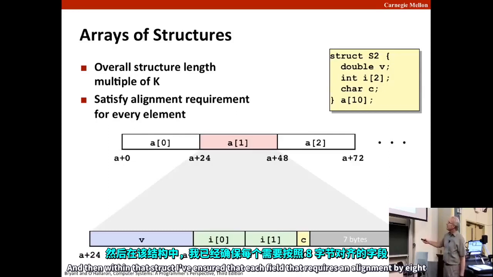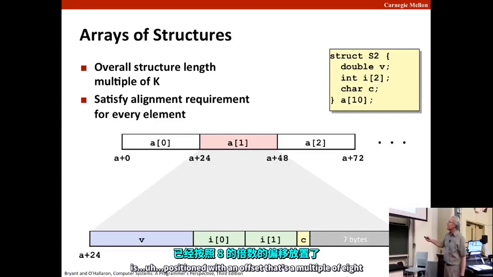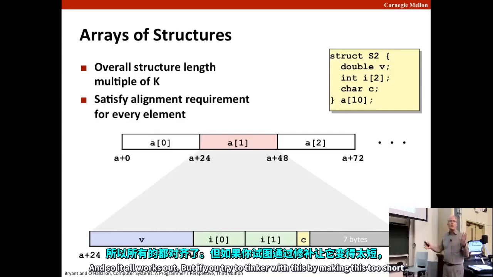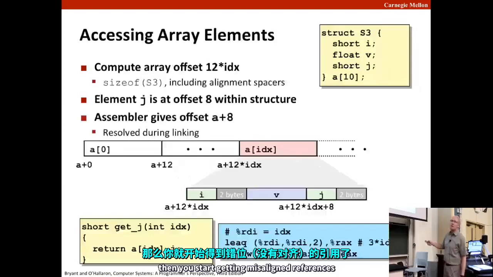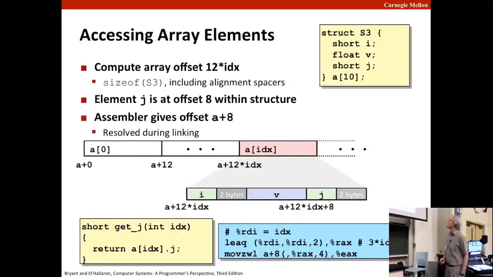And then within that struct, I've ensured that each field that requires an alignment by 8 is positioned with an offset that's a multiple of 8. And so it all works out. But if you tried to tinker with this by making this too short, then you'd start getting misaligned references.